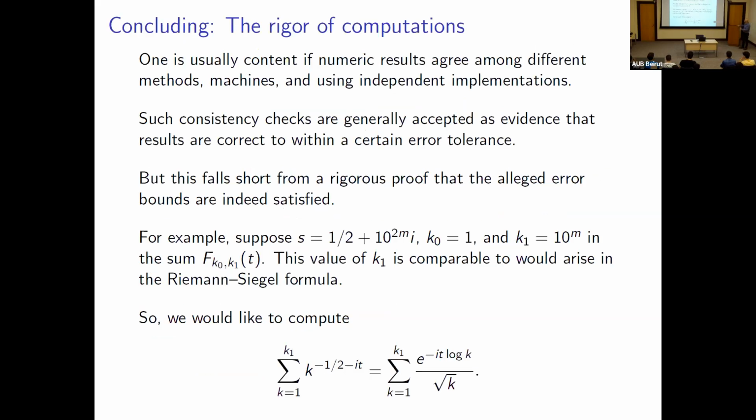Okay, the other thing is the rigor of the computation. The rigor of the computation depends really on the purpose you want to do the computation for, in my opinion. If you want to do statistics of the zeros of zeta or the zeros of an L-function, then you can use heuristic arguments to think about the sizes of the roundoff errors that come up in your implementation.